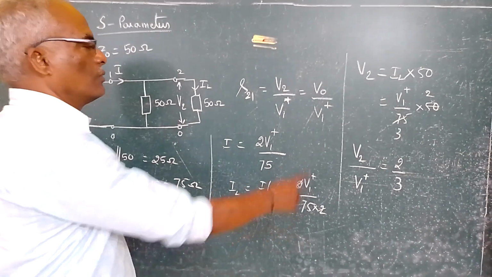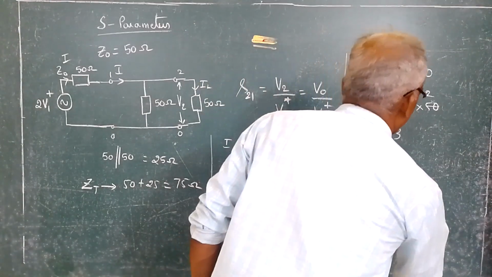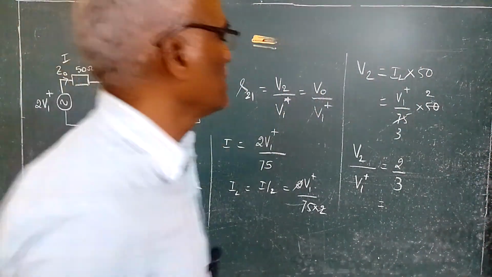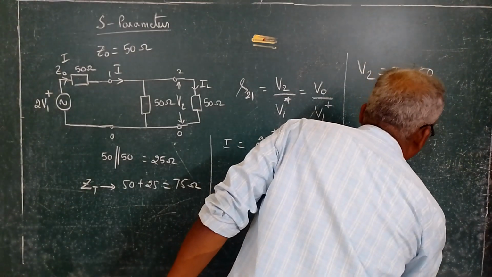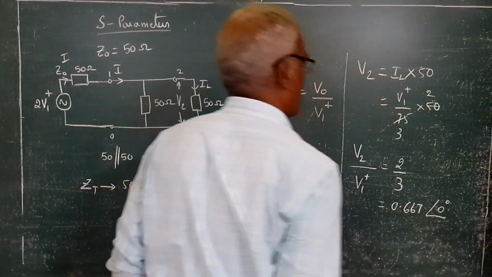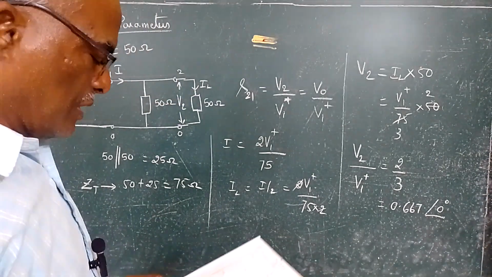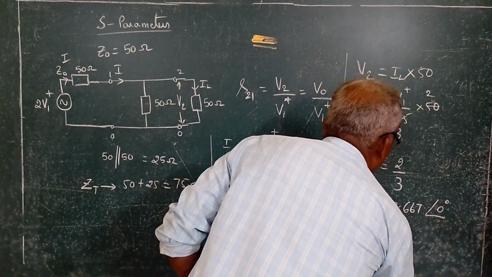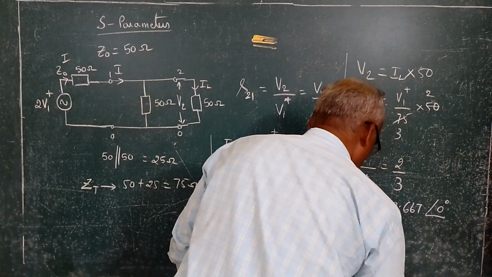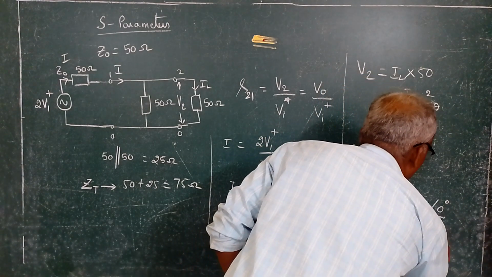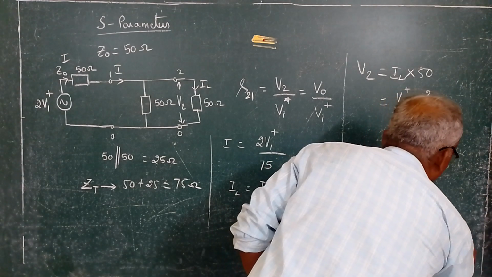Okay. Now 2 by 3 will give you 0.667 angle 0 degree. Now if you try to convert that into decibels, it will give you minus 3.517 dB angle 0 degree.